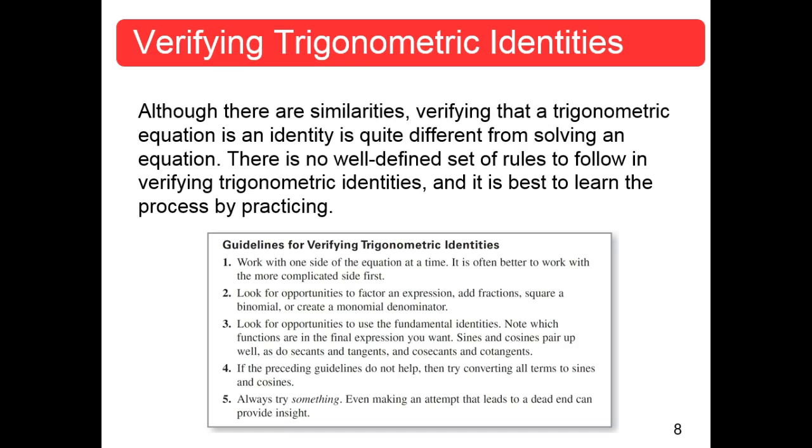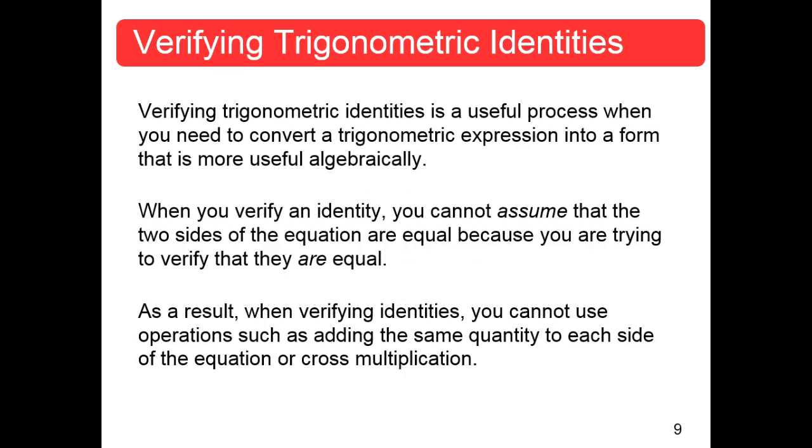I mean, don't make up a new identity that's not really an identity, but always try something. Because even in making an attempt that doesn't lead you anywhere, it might prompt some idea and you say, oh, but I could do this, couldn't I? So it could give you more insight.